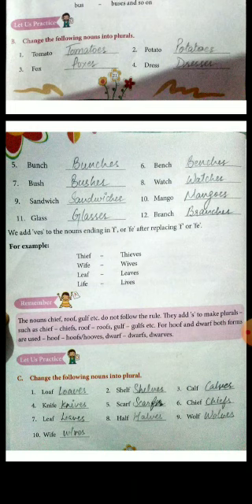We have to add IES by replacing Y, because the second last letter is a consonant. R, which is before Y, is a consonant, and in monkey the E letter before Y is a vowel. That is why if it is a vowel before Y, then we add S, and if it is a consonant, then we add IES. So students, we have already done the exercises which are given in your book.